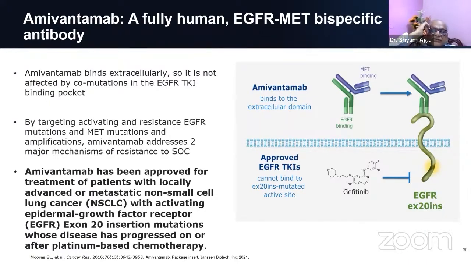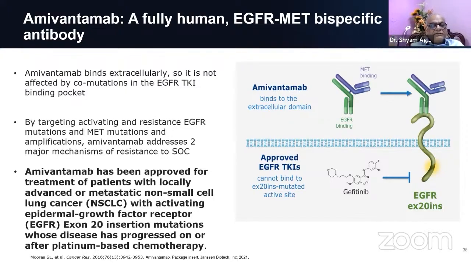And since we are focusing here on EGFR mutations or exon 20 insertion mutations, this particular drug is focused on EGFR binding. By targeting these 2 resistance mechanisms, MET and EGFR mutations, amivantamab addresses 2 major mechanisms of resistance in standard of care.